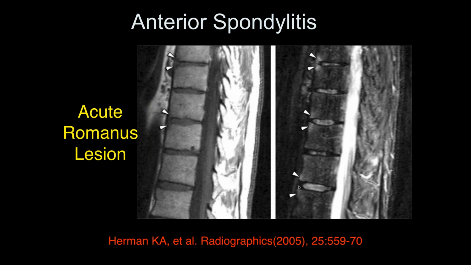It's just along the anterior margin, and notice that the end plates, where we normally see disease, except for this level, aren't bad. It's really concentrated on the anterior corners here, and it can also be at the posterior corners. When you see that in a young individual with an MR scan, you should immediately think of ankylosing spondylitis and should work them up.